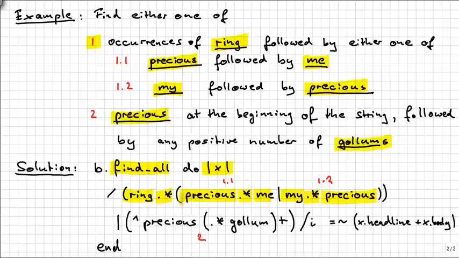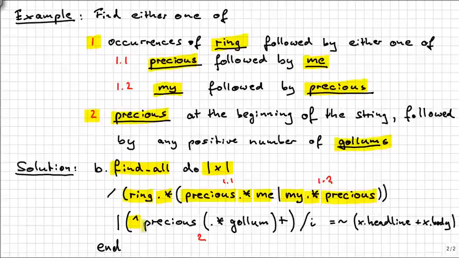The first possibility, 1.1, is precious followed by me, and the second possibility, 1.2, is my followed by precious. So that takes care of option number 1. If we look at option number 2 now, we want to match precious at the beginning of the string, and the caret symbol allows us to do just that.